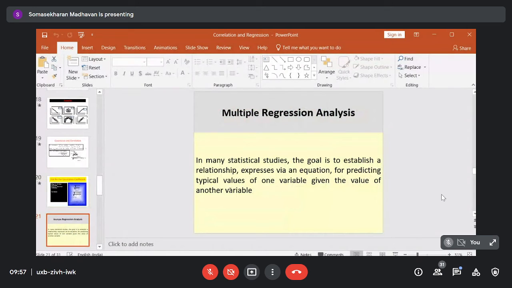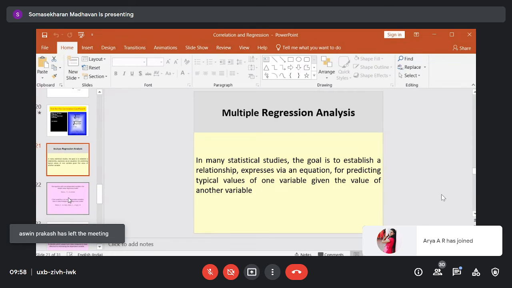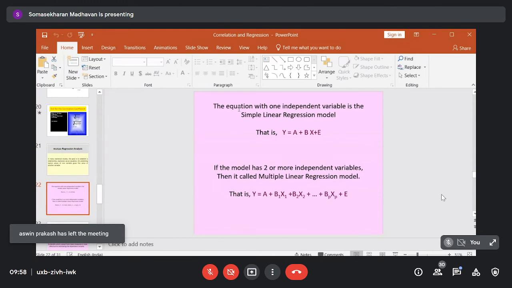Then I will go to the further extension of this simple linear model, that is called multiple regression analysis. In many statistical studies, the goal is to establish a relationship expressed via an equation for predicting typical values for one variable given the value of another variable. This is the equation we already discussed, y equal to a plus bx plus e.